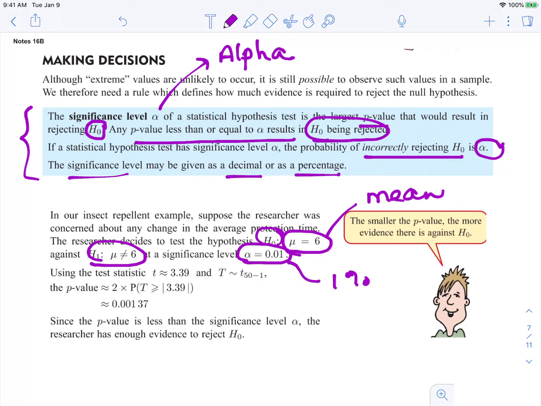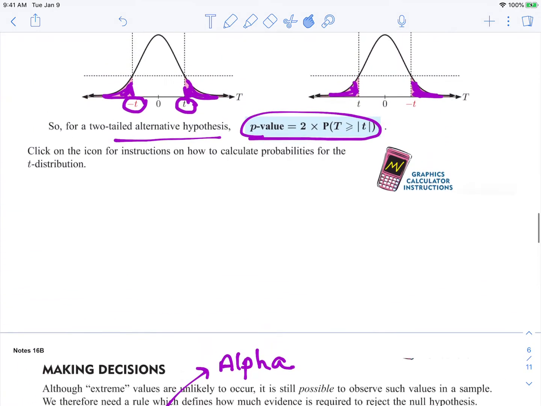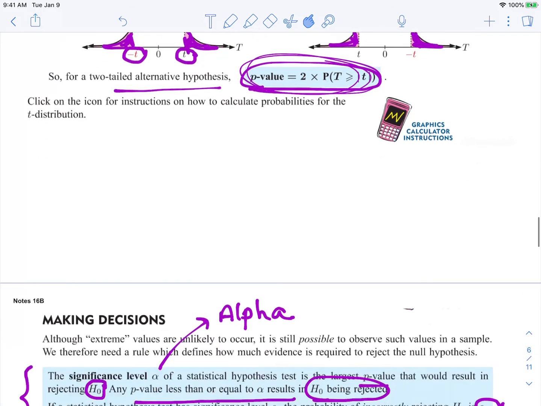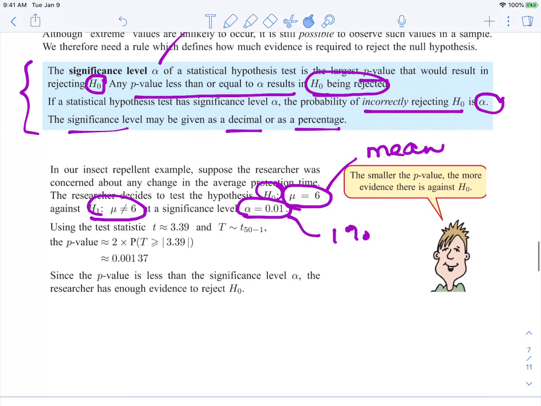So then we would use our calculator and the formula above in the purple here. So here's our formula, and we would get this answer.